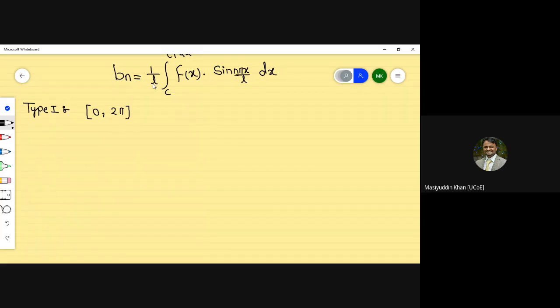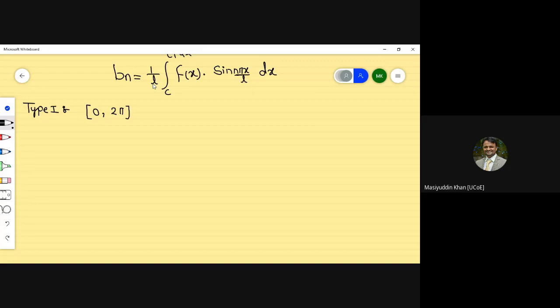Now the limit point here is 0 to 2 pi. So you should remember that we have to replace the term 2l by 2 pi, and wherever you see l, you have to put pi.